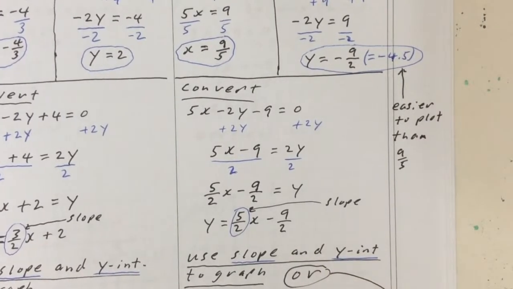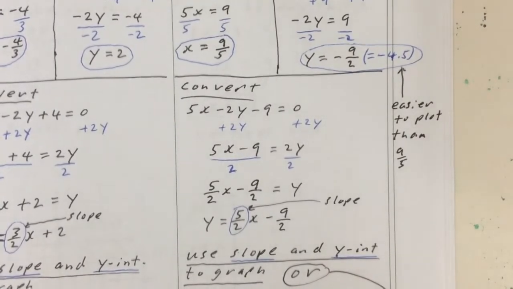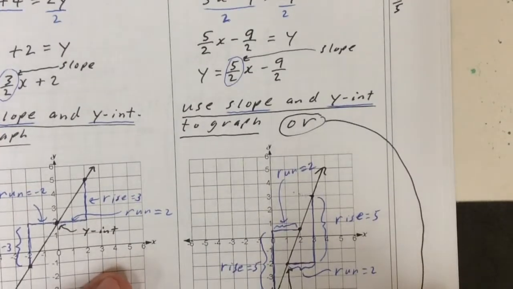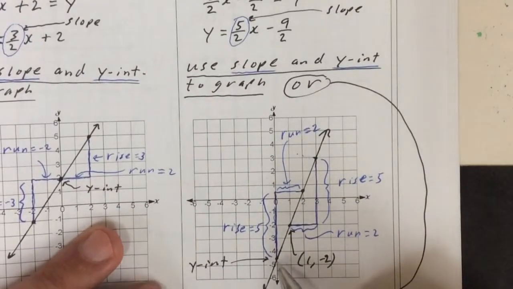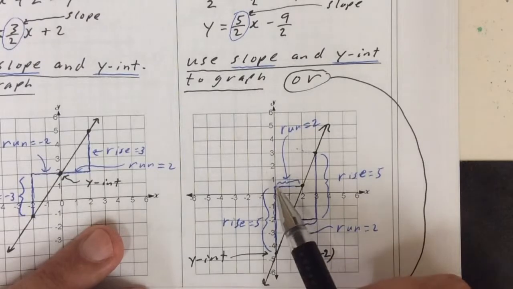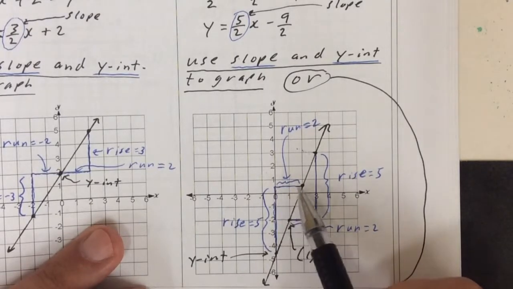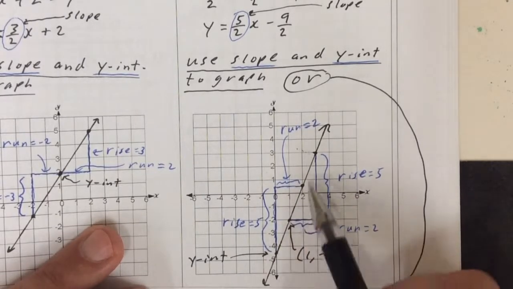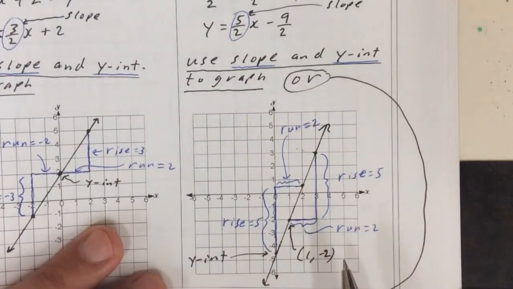And you can plot that. So what I did here was I plotted negative 4.5, and then I rose 5, that's the slope, and run 2, and I got another point. So that'll get you the line.